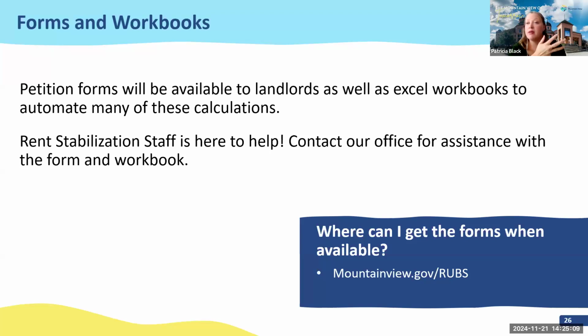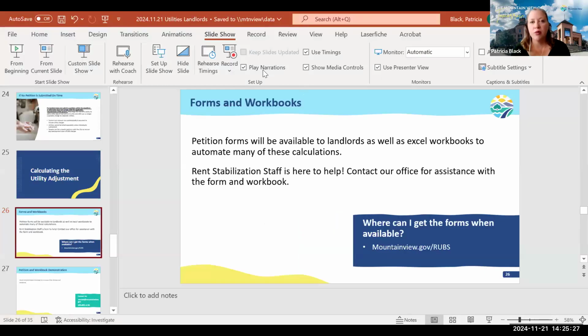We're going to take a look at the notice of filing form that you'll receive from us. We're going to take a look at the adjustment calculator that you will also receive from us. And I'm going to show you an example of one of the things that you'll be providing to your tenants. All righty. So I'm going to stop my share for a moment and pull up the petition forms.